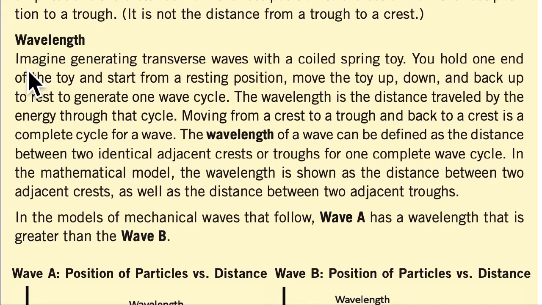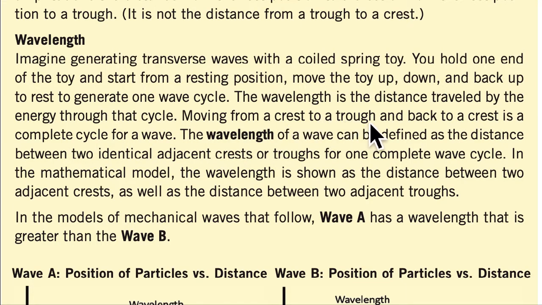Wavelength. Imagine generating transverse waves with a coiled spring toy. You hold one end of the toy and start from a resting position. Move the toy up, down, and back up to rest to generate one wave cycle. The wavelength is the distance traveled by the energy through that cycle.